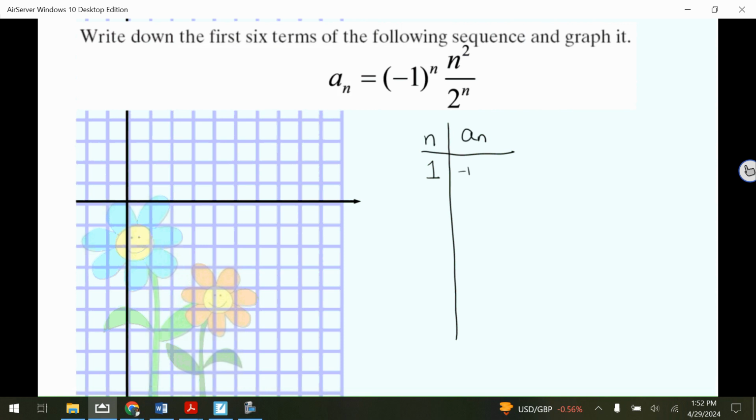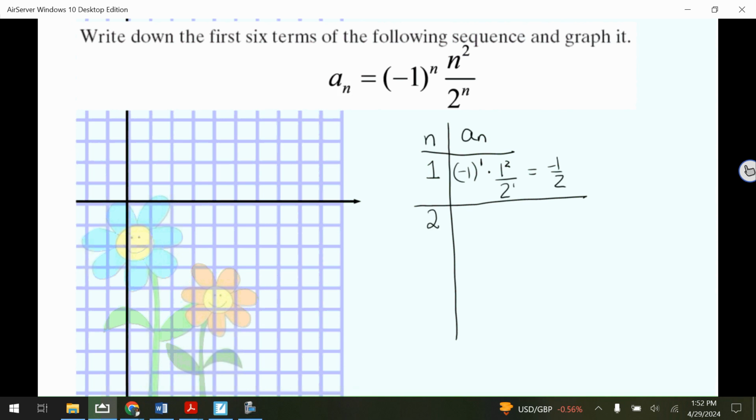So that would be -1 to the first times 1 squared over 2 to the first. So what I did was substitute in for n equals 1, 1 here, and a 1 here. So what I get is -1/2. So the first term is -1/2.